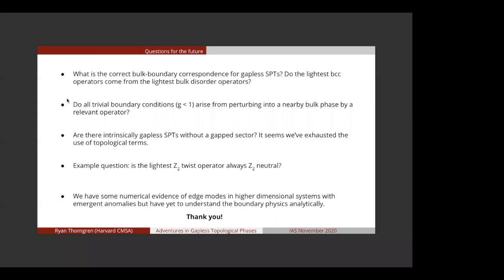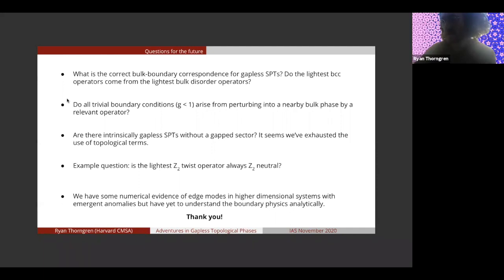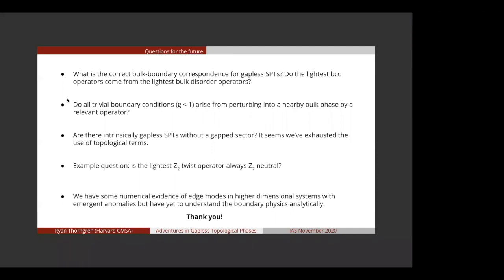If you take Z2 to be the 2A subgroup of the monster group, then its leading Z2 twist operator is Z2 odd. In fact, that's the module that people use to construct the baby monster super VOA.